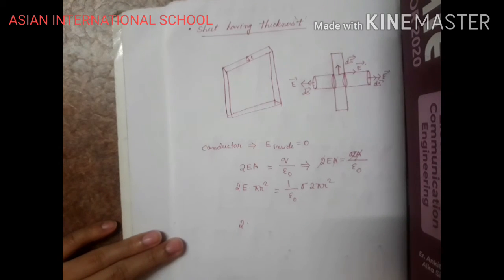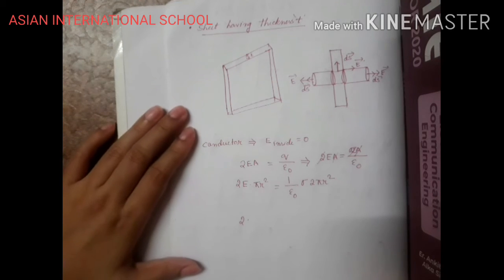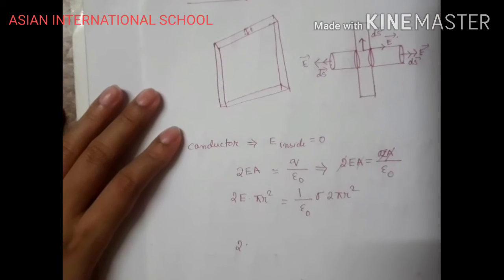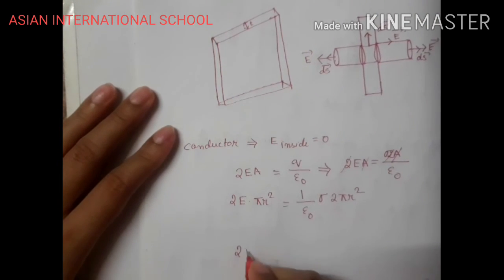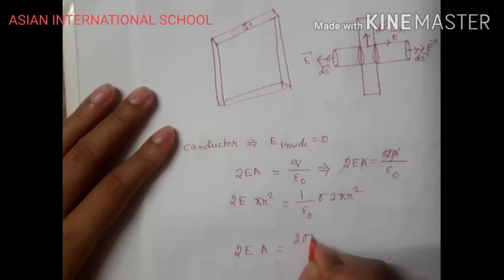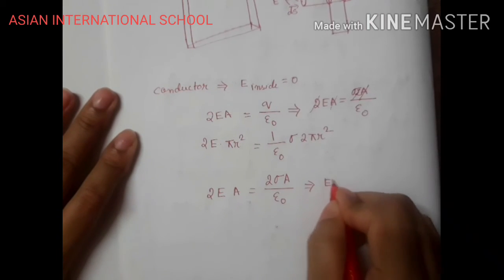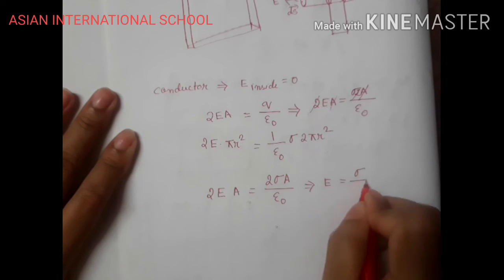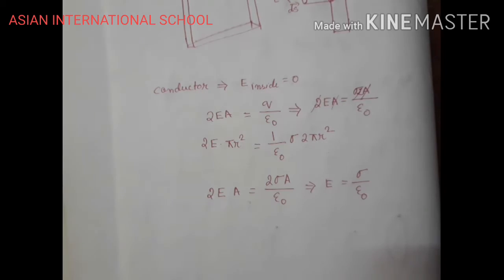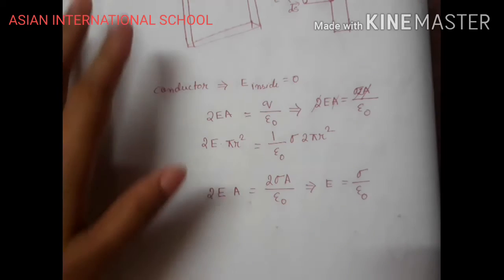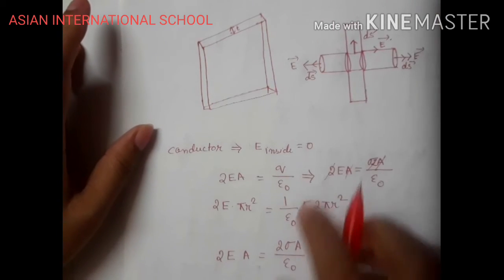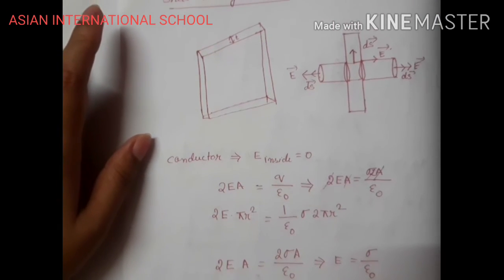We can write this in this way as well by putting all the values. Here also you will see that the electric field is constant, right? Sigma and epsilon naught are all constant.